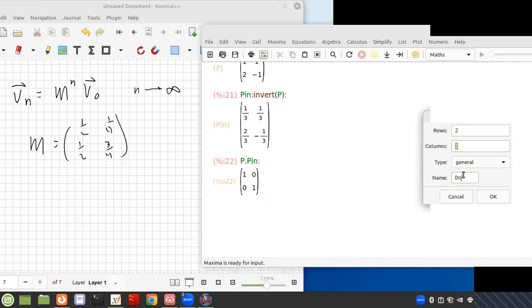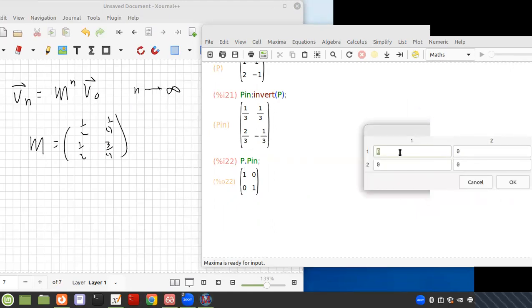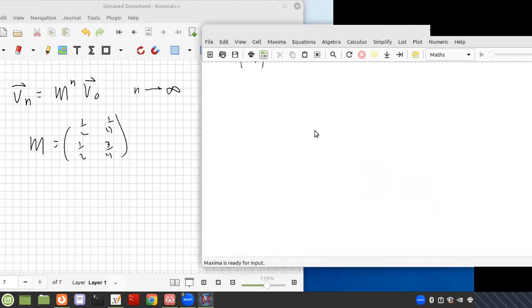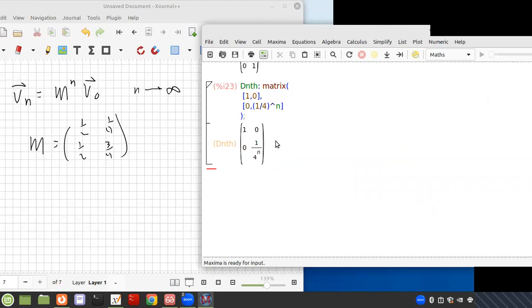This will be D to the nth. And it's going to be 1, because the first item, 1 to the n, is 1, but the second one will be 1/4 to the nth power.